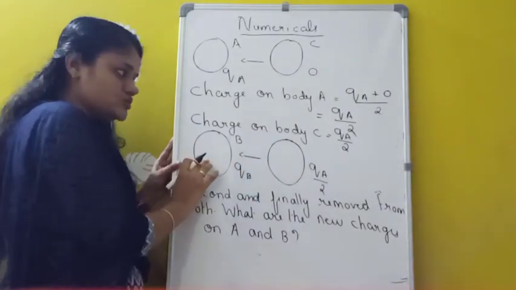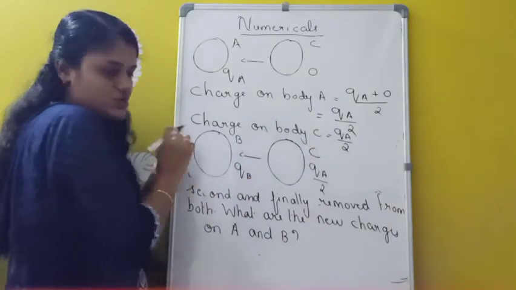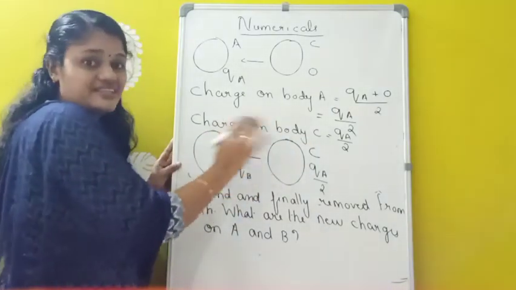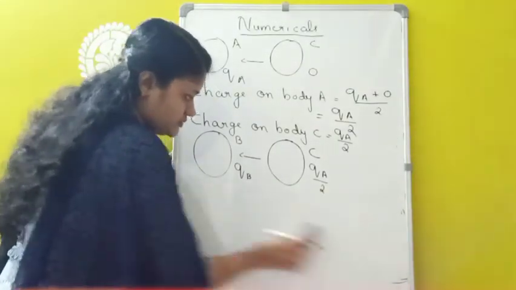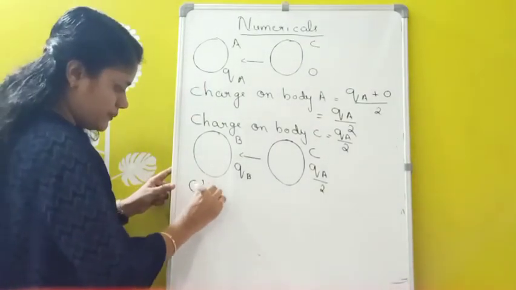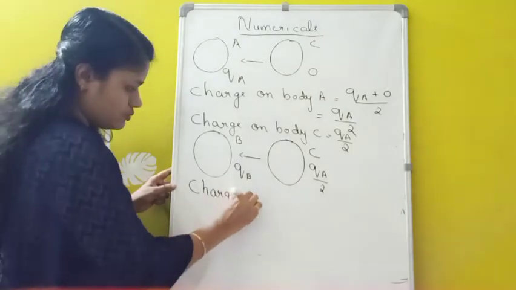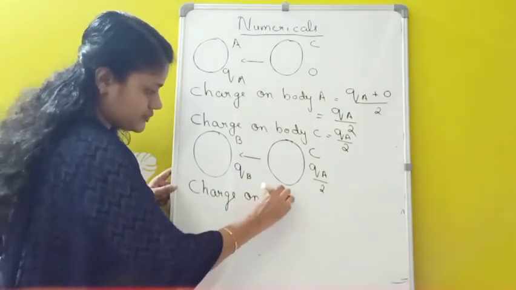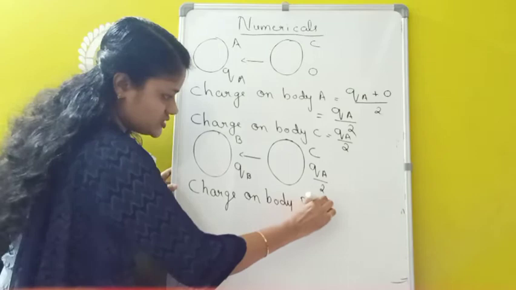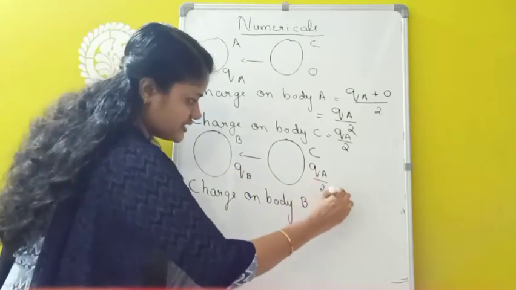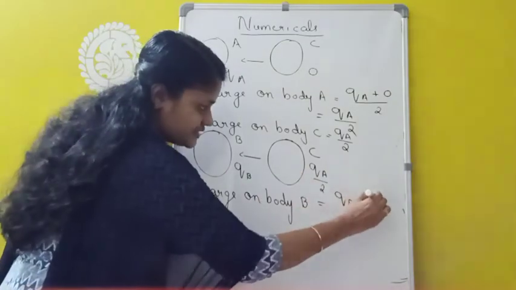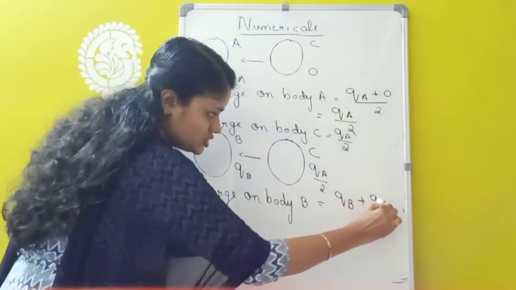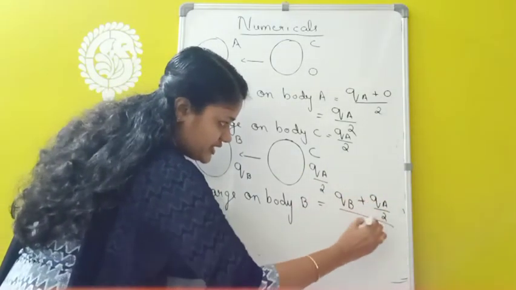Both B and C will be getting the same charge. So now the charge on body B equals, body B initially having a charge QB plus body C having a charge QA by 2, take the mean value, divided by 2.